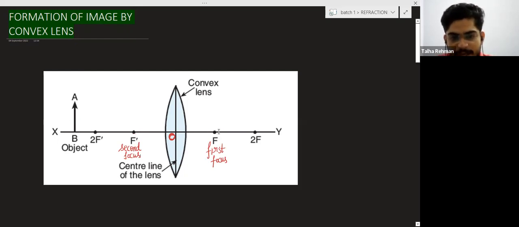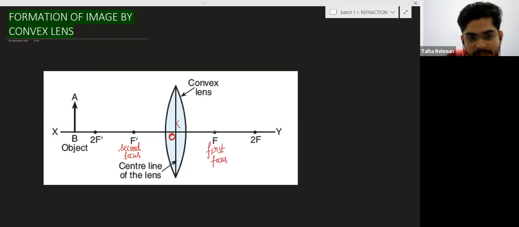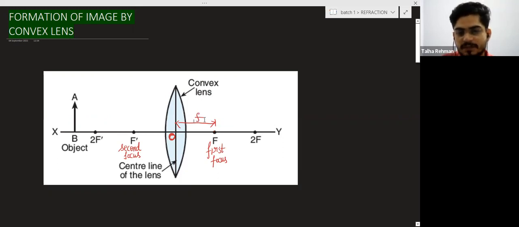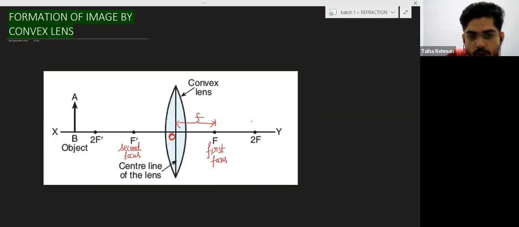And the distance between the optical center and this focus is f. Small f means focal length. We have already discussed that. And if you measure the distance between this f and 2f, this will also be the same. Means this distance will also be equal to f.